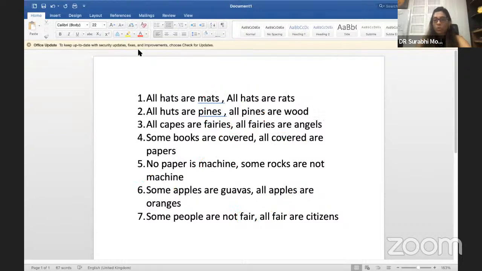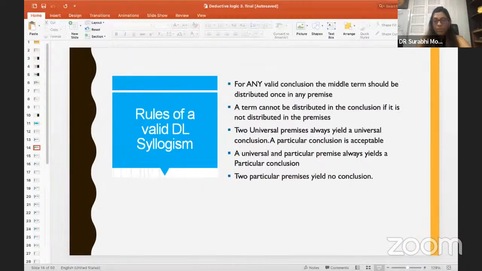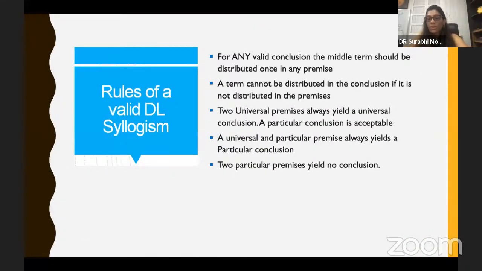Let's go back to the rules in syllogism now, and see what we have to do with this middle term, right? So just note down these rules, and let me show you what they mean through the shortcuts.